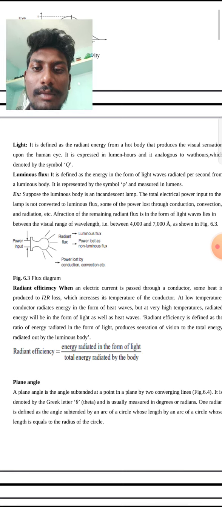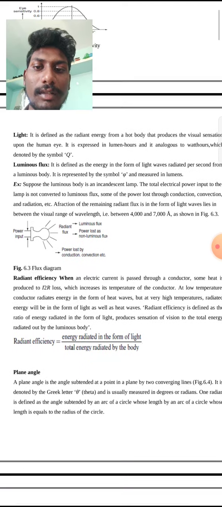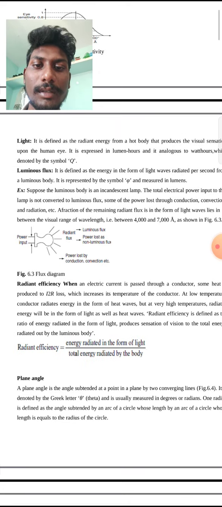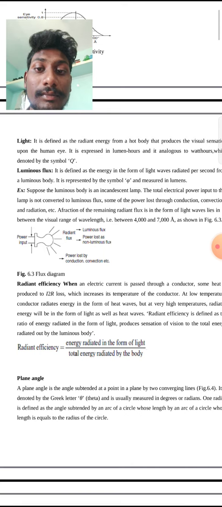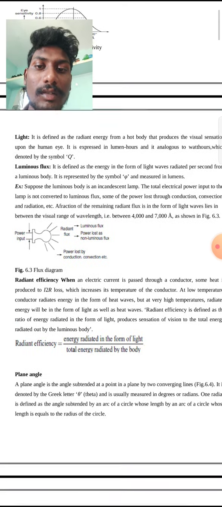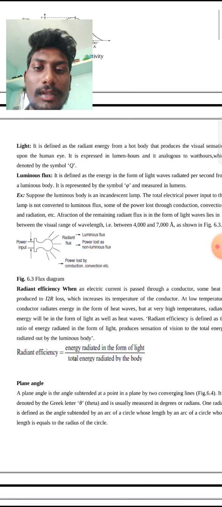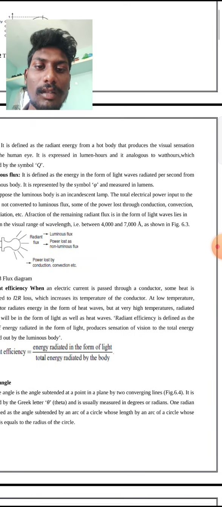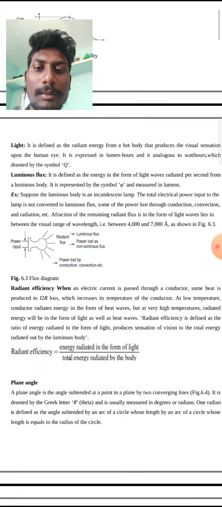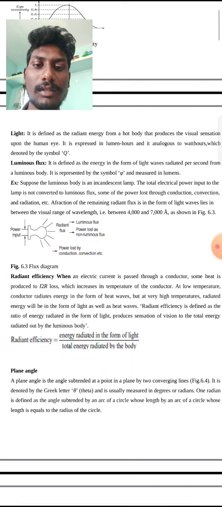Next, luminous flux. It is defined as the energy in the form of light waves radiated per second from a luminous body. It is represented by the symbol phi and measured in lumens. For example, suppose the luminous body is an incandescent lamp. The total electrical power input to the lamp is not converted to luminous flux.